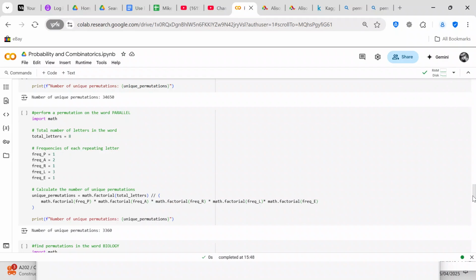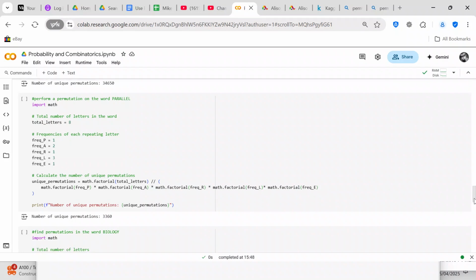So we calculate the number of unique permutations. Unique permutations equals math dot factorial total letters, and then you do floor division, math dot factorial frequency P times math dot factorial frequency A times math dot factorial frequency R times math dot factorial frequency L times math dot factorial frequency E. And it gives you 3,360 total permutations.